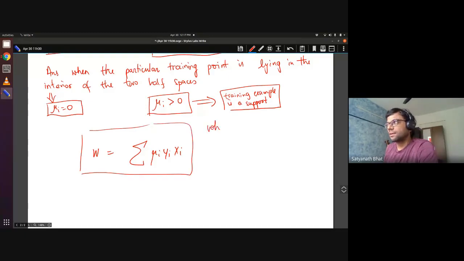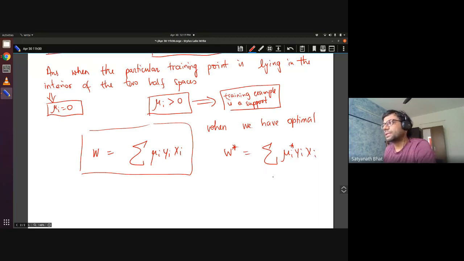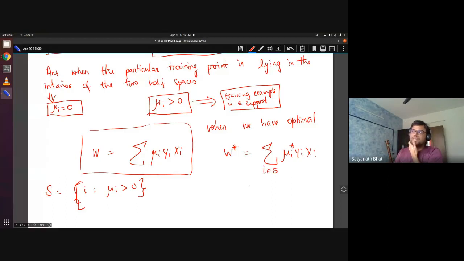When we have optimality, we get w star is equal to summation mu i star yi xi, where i belongs to a set S, where S is the set of all i's such that mu i is greater than 0. So what that means is that I am able to get w as some linear combination of the xi's.